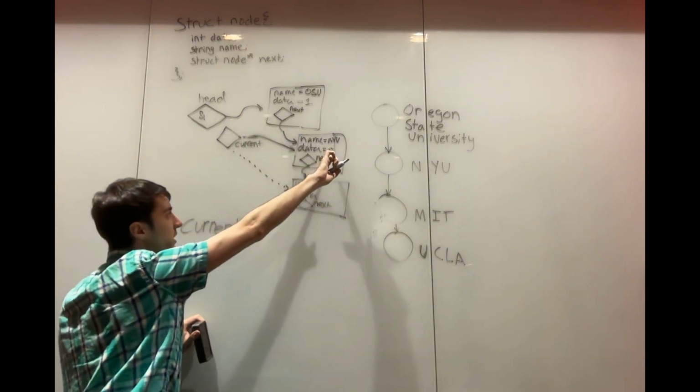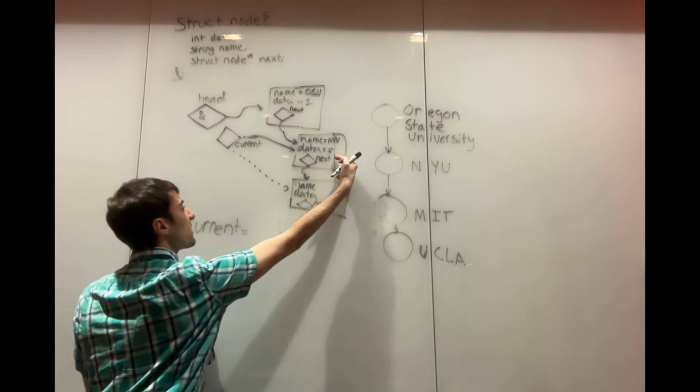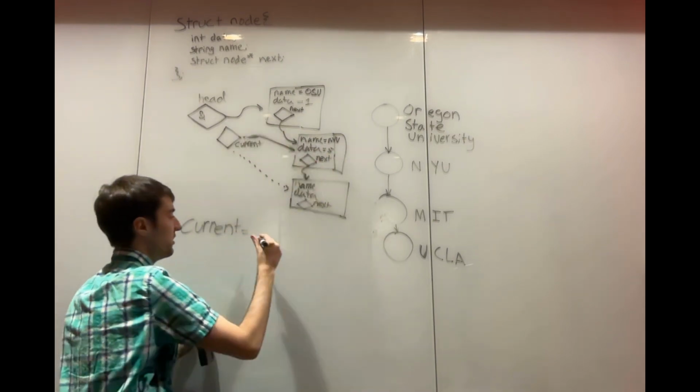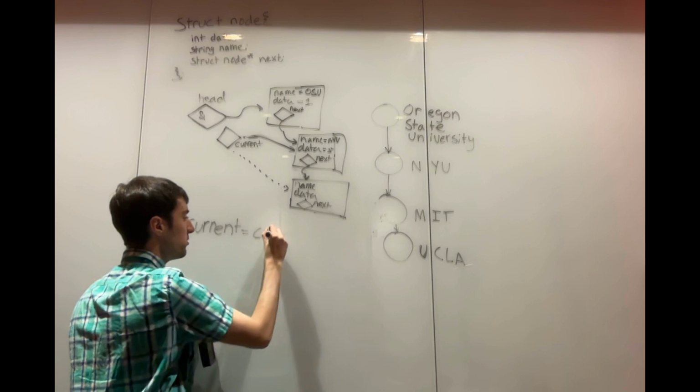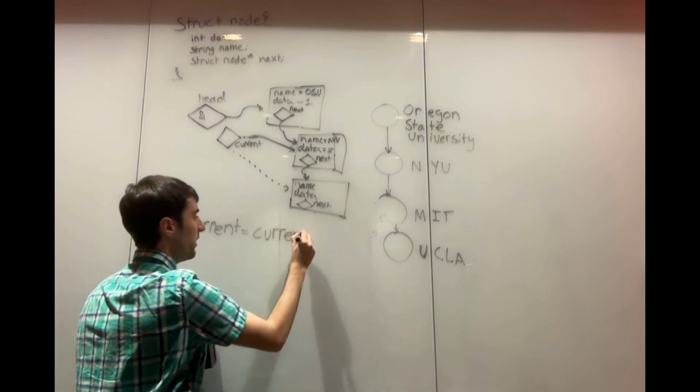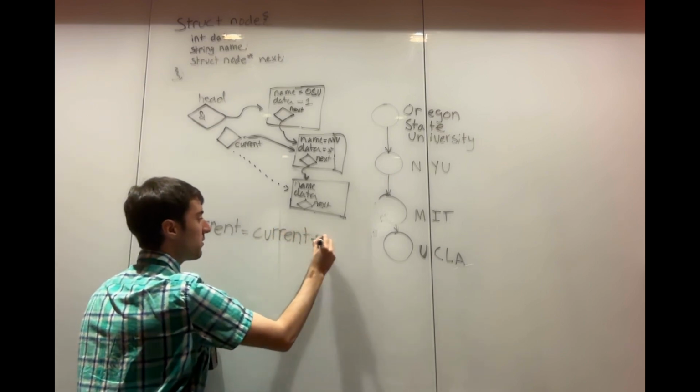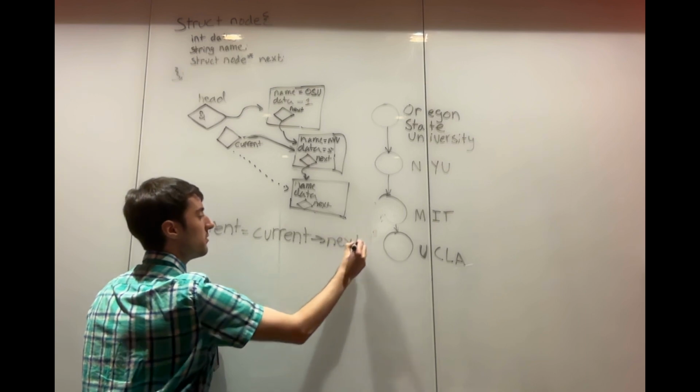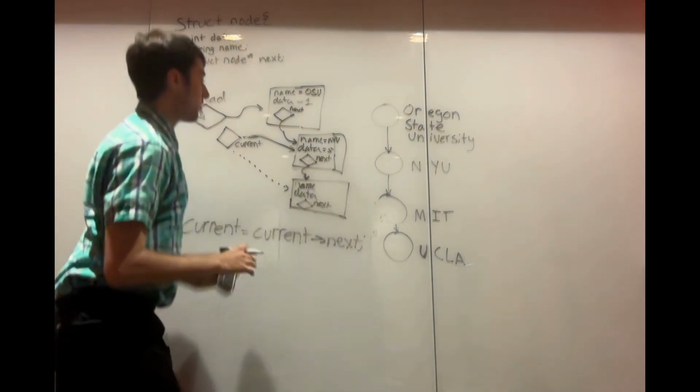So access this next, and I want that to be what current is. So, very simple. Current equals current next. Okay, cool.